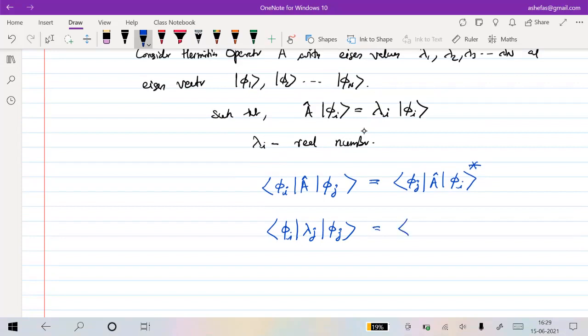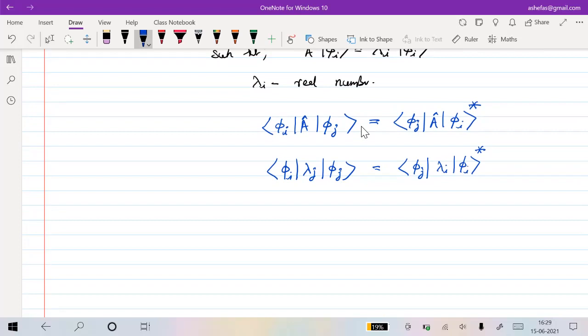Then on the right side, phi j, A acting on phi I would give lambda I times phi I. Again, it is a complex conjugate. Now lambda j can be taken outside, so this can be lambda j, the inner product phi I, phi j equals.